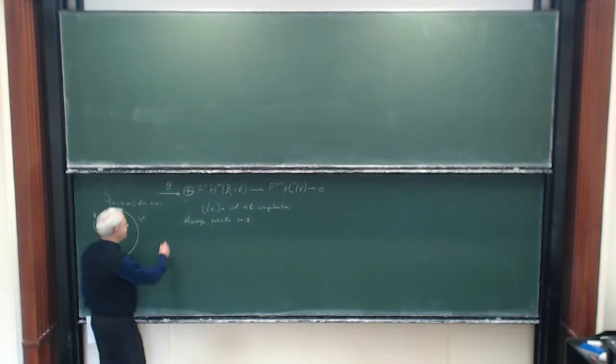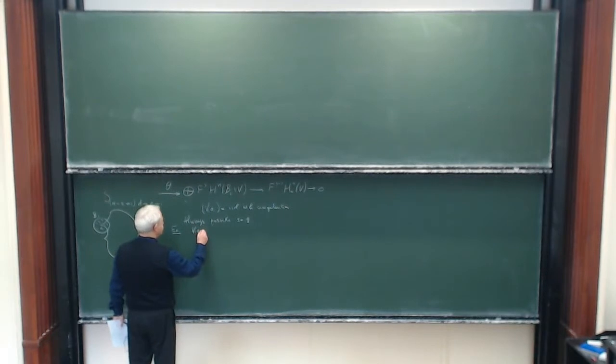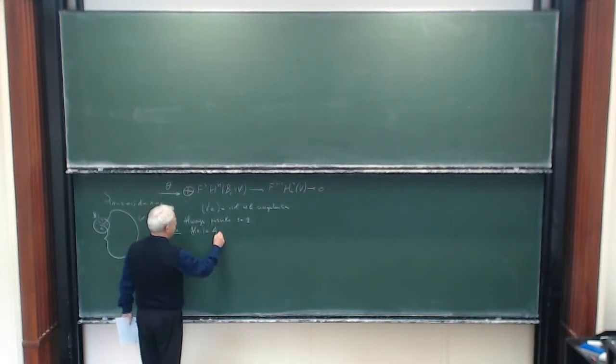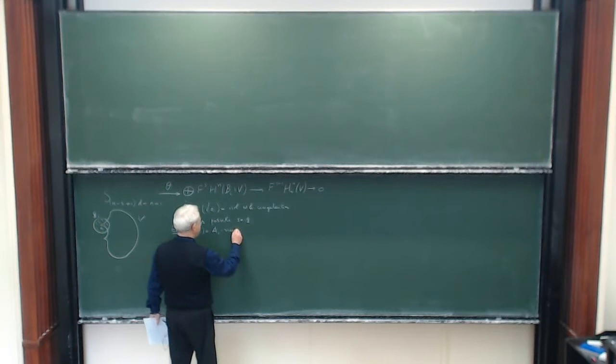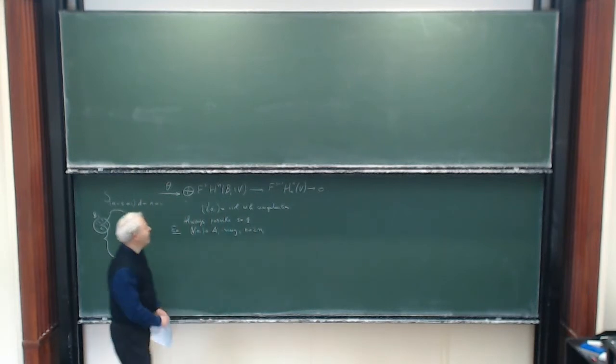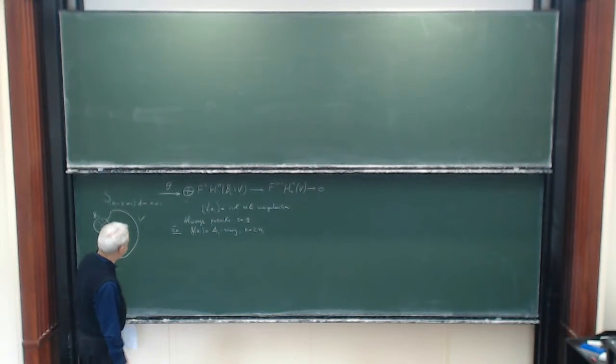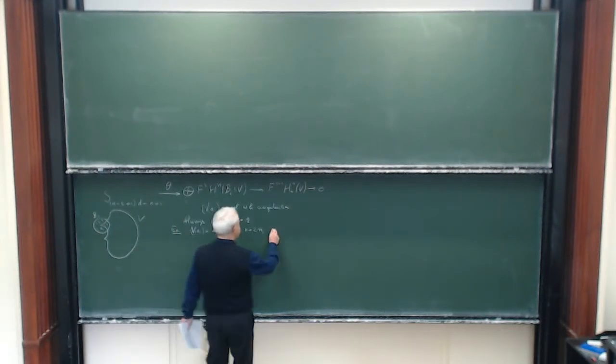And you have seen in the examples, when all these are A1 singularities, and when n is even, you have seen that a convenient choice in this case is n1.